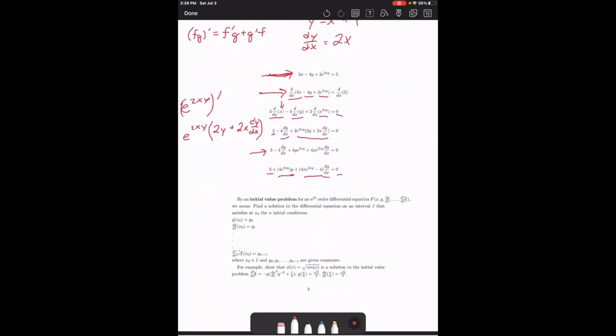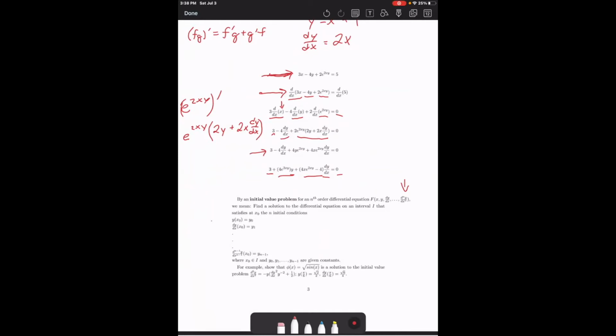Moving on now to initial value problems. An initial value problem for an nth order differential equation. Remember that an nth order differential equation just means that you've got some nth derivative. So a second order differential equation would have some y double prime term or some second derivative of y with respect to x. So by an initial value problem, we mean that we're actually going to be given initial conditions.